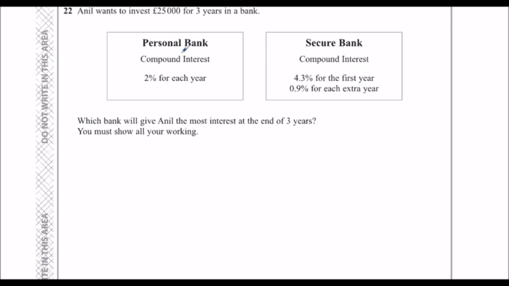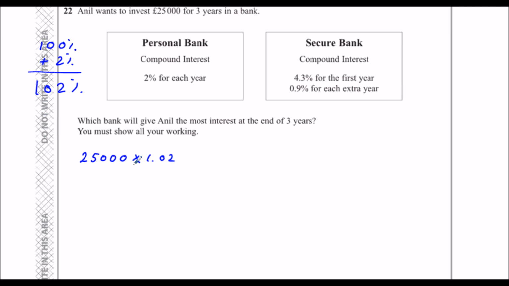So if we go to personal bank, we're going to have 25,000 times. Now, if we start with 100% and we add on 2%, that will give us 102%. So as a decimal, we've got 1.02.